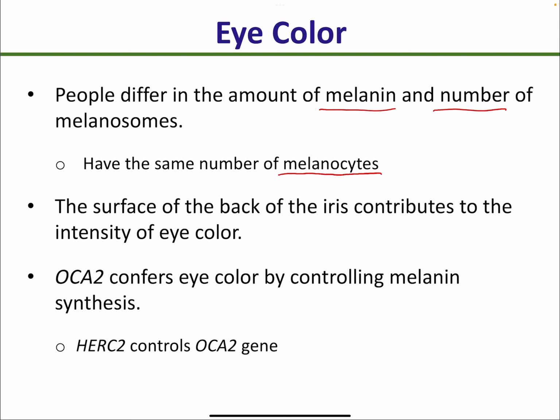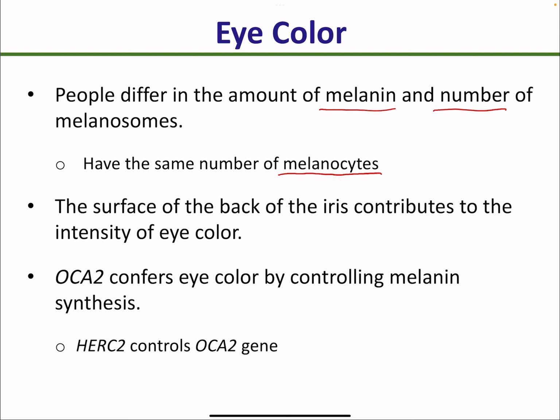So are there some mutations in genes that are responsible for melanin production? These are questions, right, that are worth asking. So, to come back to the color of the eyes, the surface at the back of your eyes contributes to the color that you see in someone's eyes.